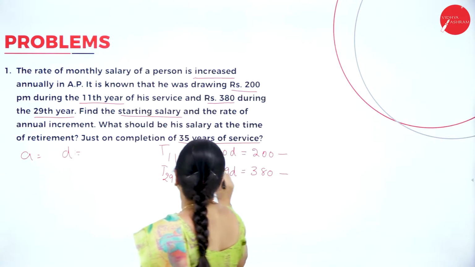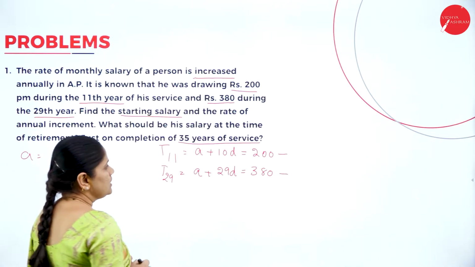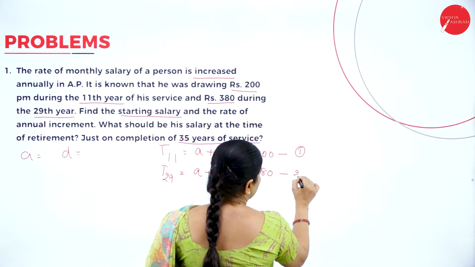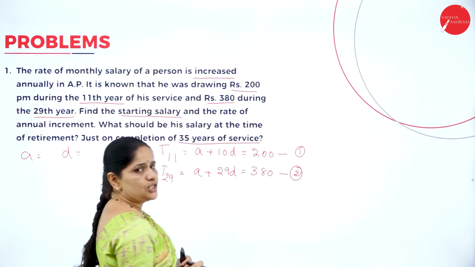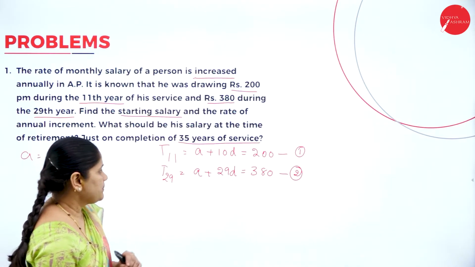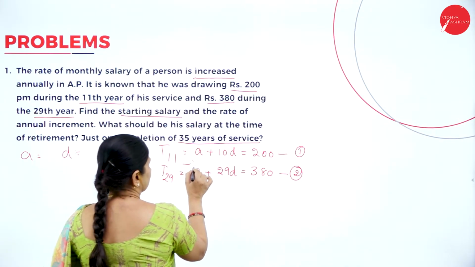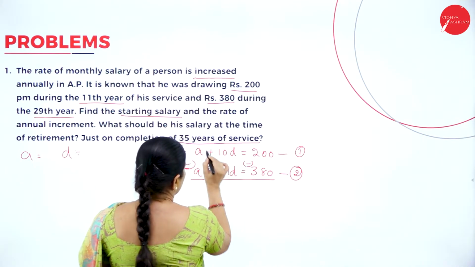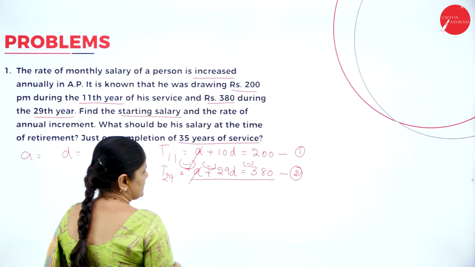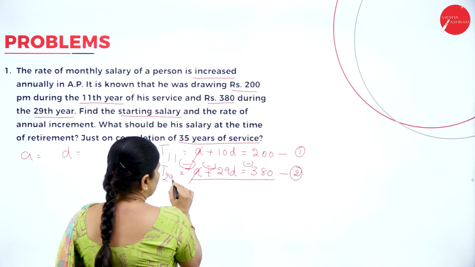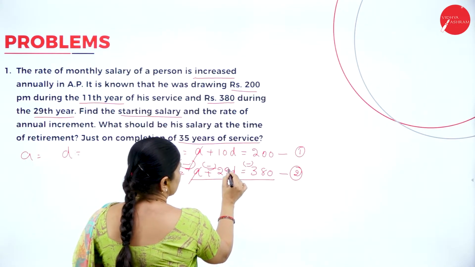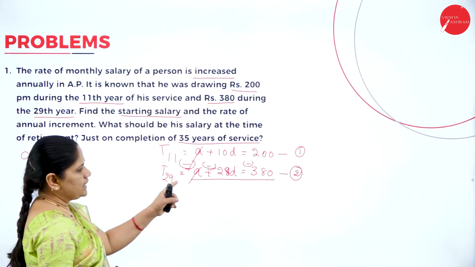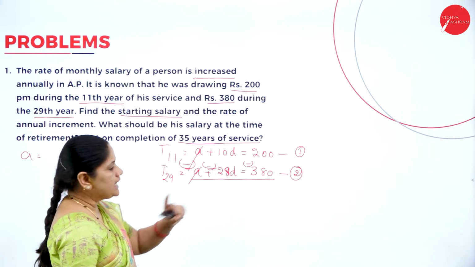So, T11 equals A plus 10D. This is equation 1. Then 380, this is equation 2. Now, when we subtract equation 1 from 2, A minus A gets cancelled. T29 means A plus 28D.